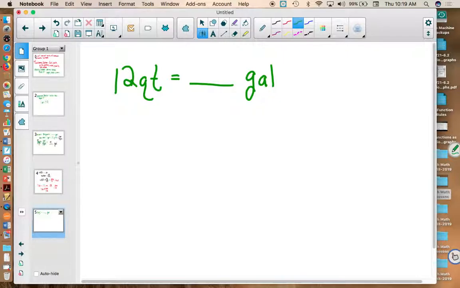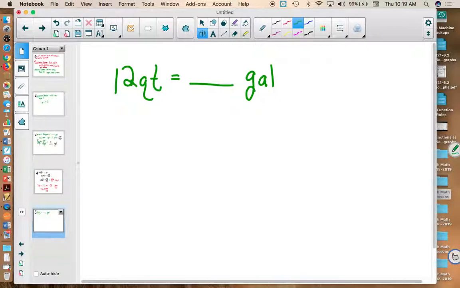Make sure you know which label you wanna keep, because it goes on the top of the conversion rate. Roper, which label do you wanna keep? The gallon label, right? So it needs to be on top, right?